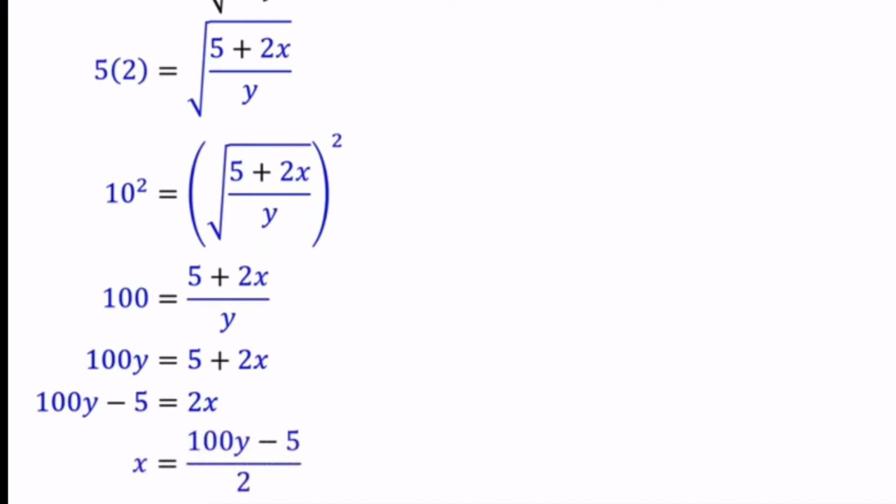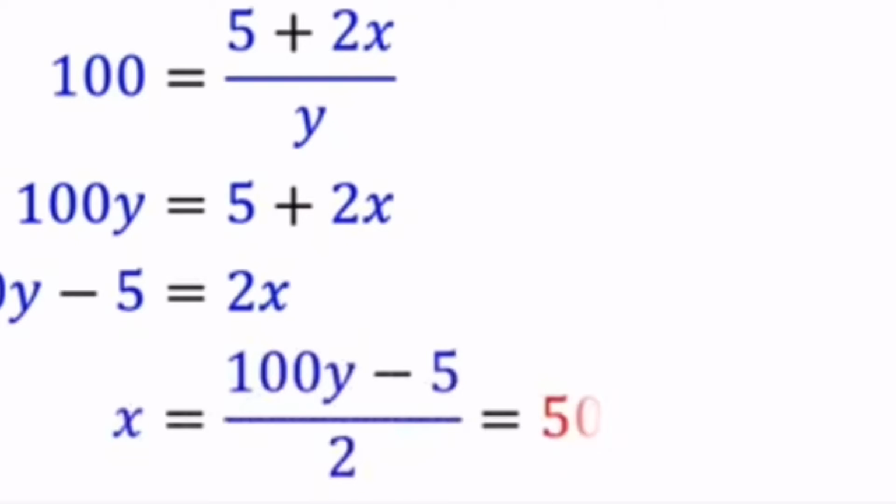So this is so-called x in terms of y, meaning you have to solve until 1x equals (100y minus 5) divided by 2. So 100y divided by 2 gives 50y, and minus 5 over 2. This is the answer for x in terms of y.